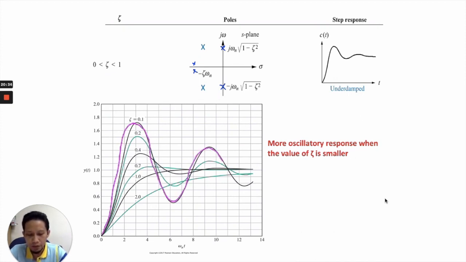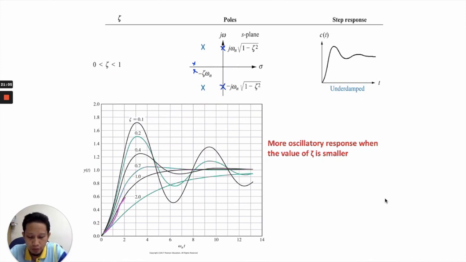It takes time to decay to 0. However, when we have zeta that is close to 1, in this case 0.7 for example, you can see it has only a little oscillation before it reaches the steady state value.